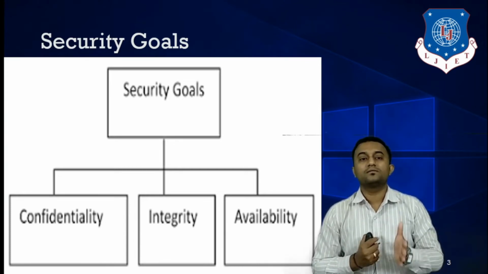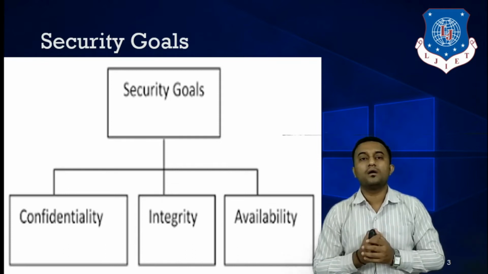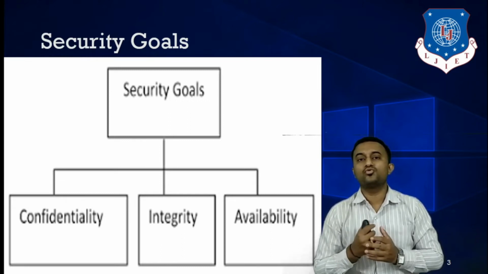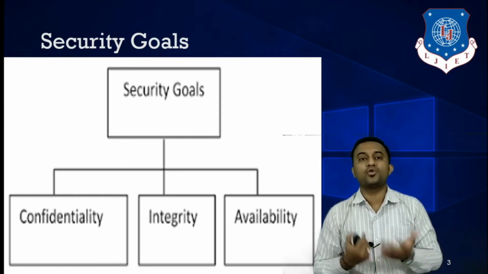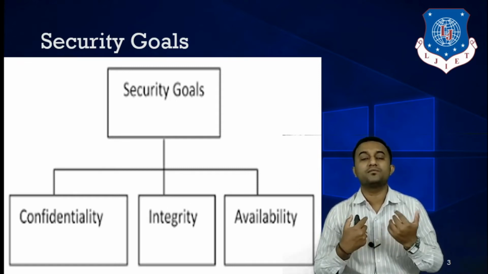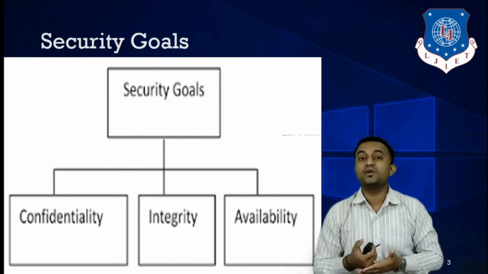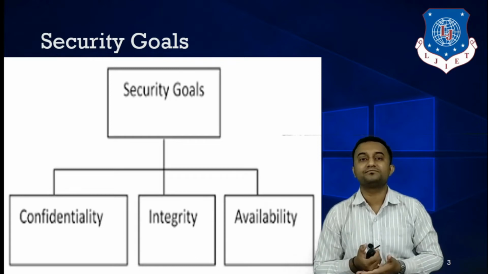Then the third one is confidentiality. Confidentiality is nothing but one type of protection. If you have some sensitive or critical information with you, and you want to share it with somebody else, you need to share the data in such a way that nobody can reveal that information except you and your destination.